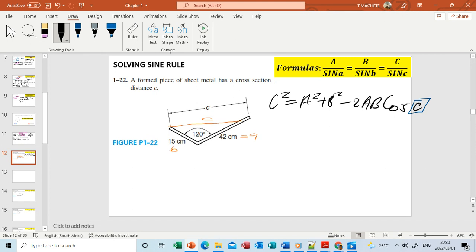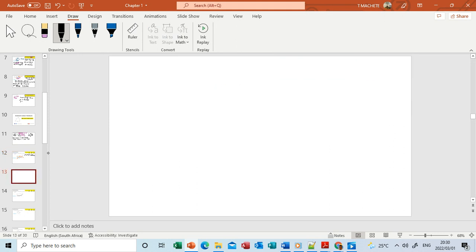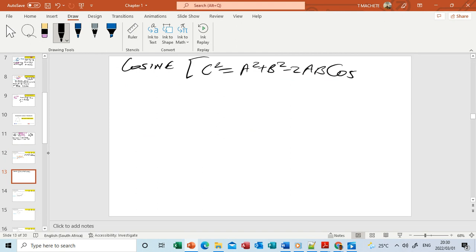Guys, I'm going to write those rules down. The cosine rule: c squared equals, the formula will tell you, a squared plus b squared minus 2ab cos c, small letter c. So the cosine rule tells you that if they want you to find side c like they did there, you must have the opposite angle to that c.